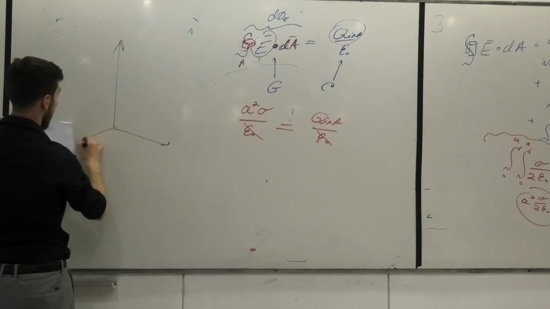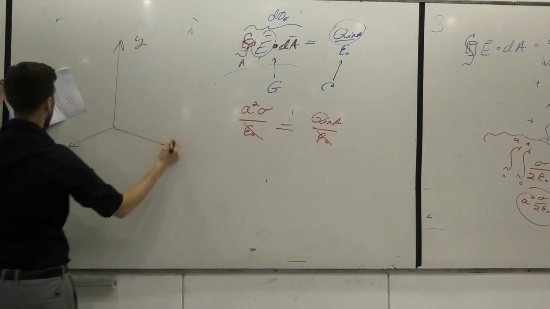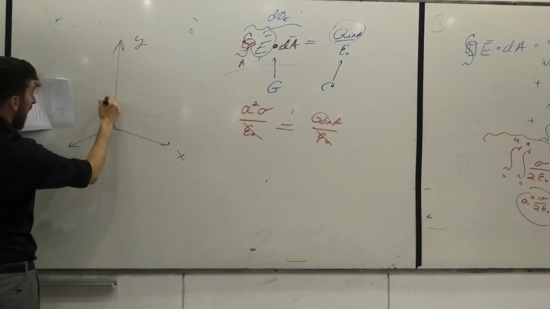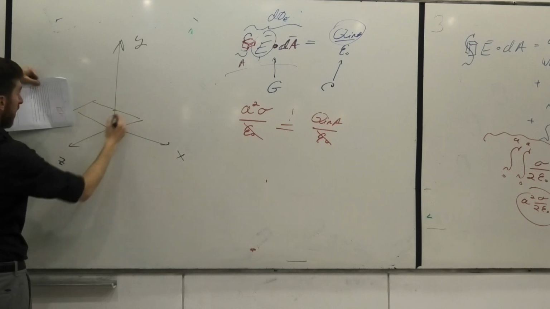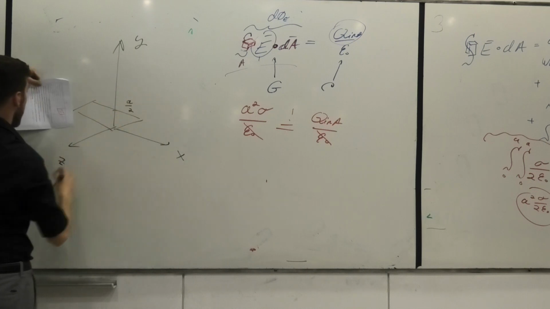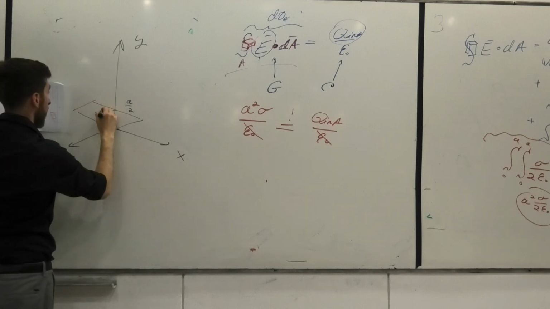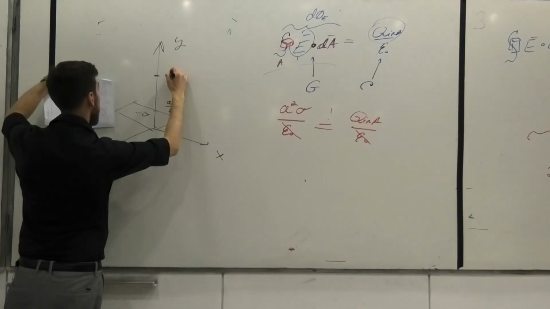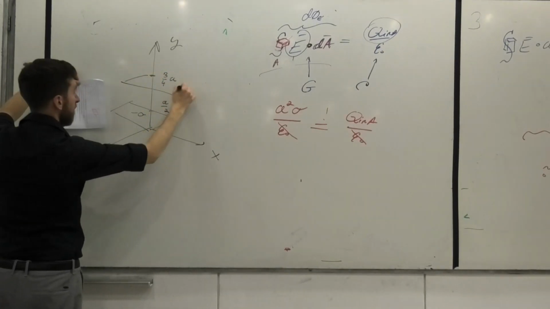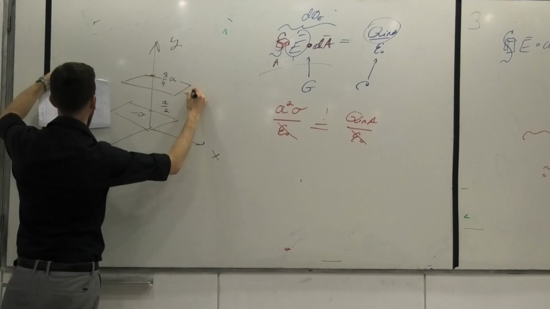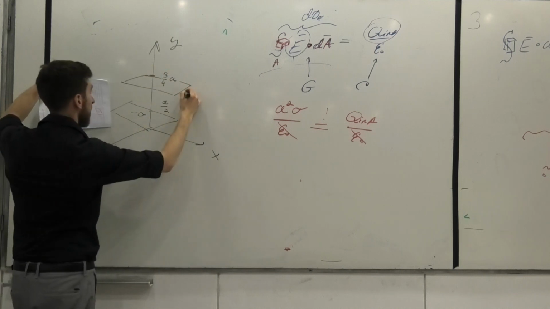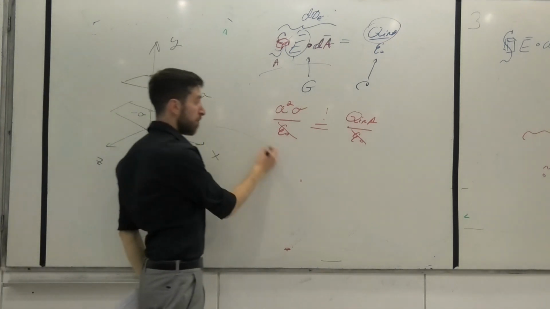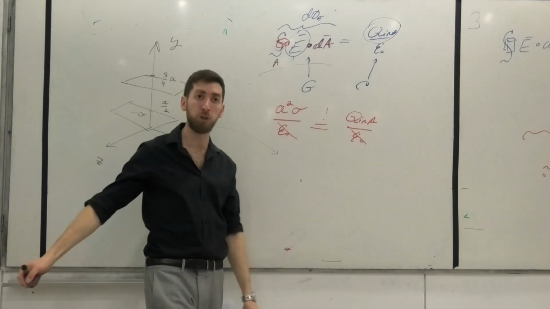If you have this is y, this is x, this is z, and we put here at the height a over 2 a charge of minus sigma, and at 3 over 4 a another infinite plane with the charge plus 2 sigma, you're going to actually get, by superposition, the electric field that was before.